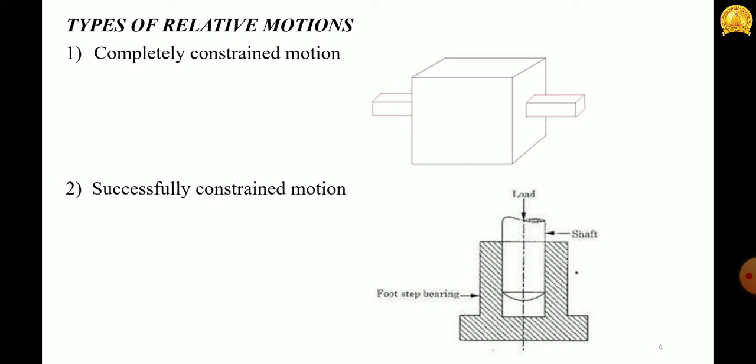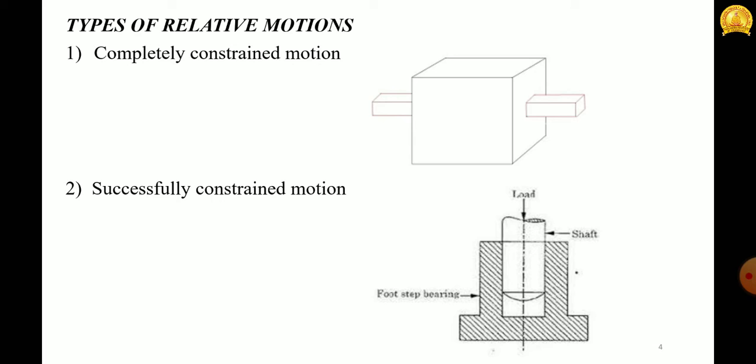Other examples are square bar in a square hole, shaft with collars in a circular hole, etc. In successfully constrained motion, when motion between two elements of a pair is possible in more than one direction, but made to have motion only in one direction by using some external means, it is called successfully constrained motion.